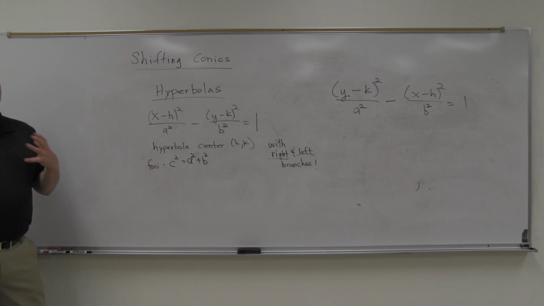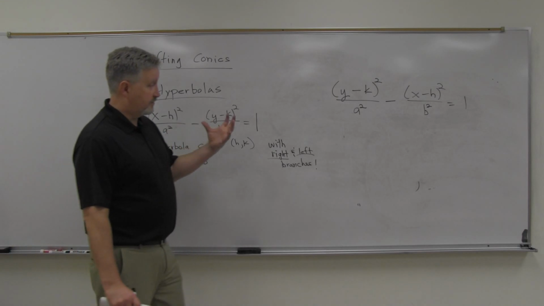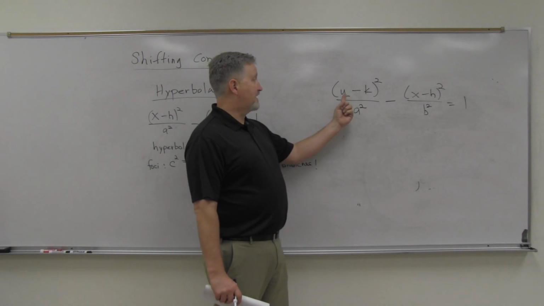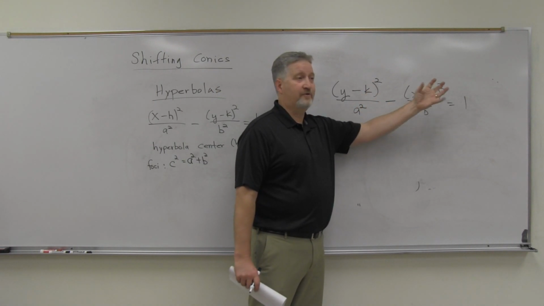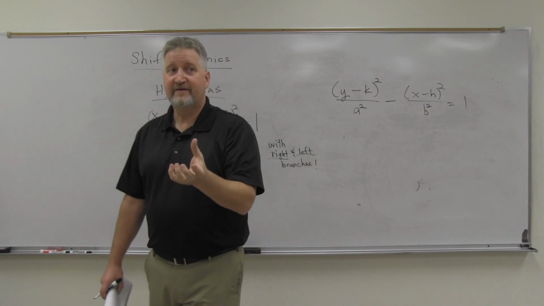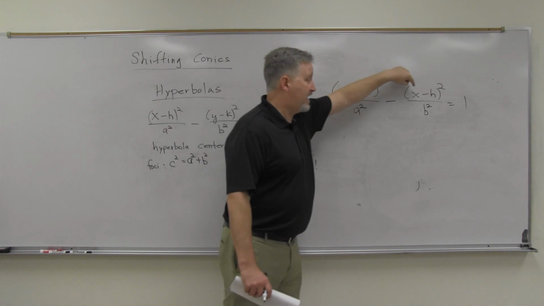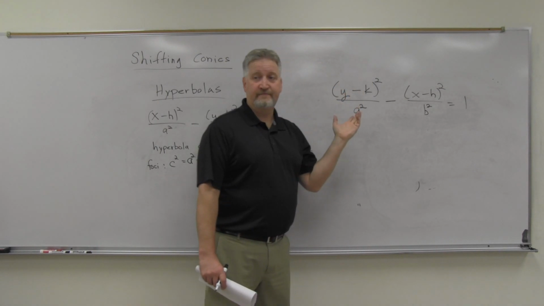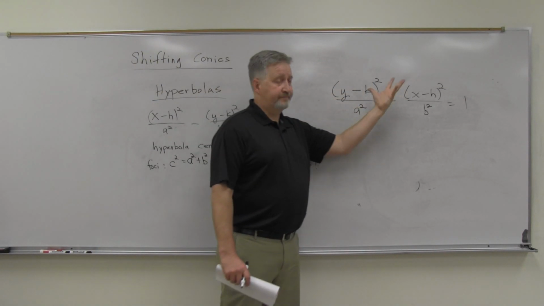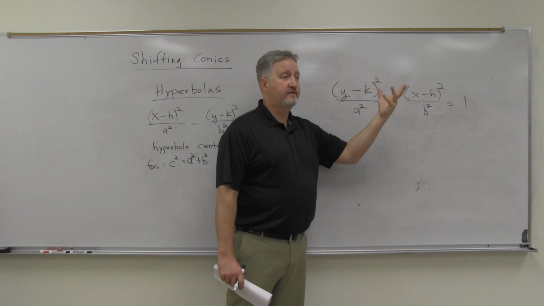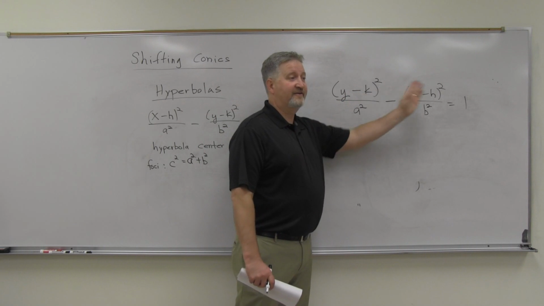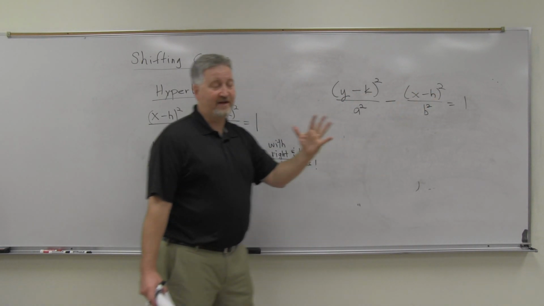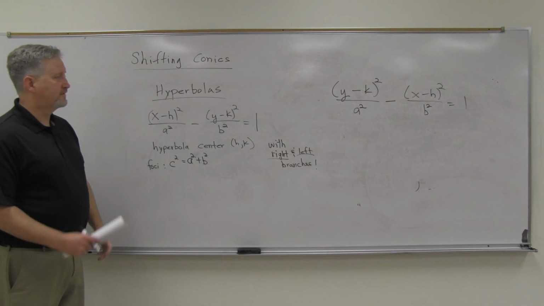But notice here, please be aware, I still put y minus k squared, x minus h squared, because the hk, you still have to get the h from the x and the k from the y, you know what I'm saying? And so on the equation, they're switched around as far as hk. The k here, the h is here, all right? So that's the only thing you really have to pay attention to.